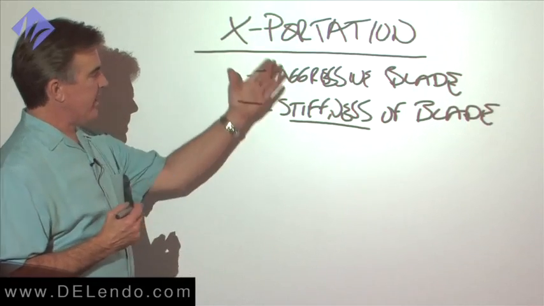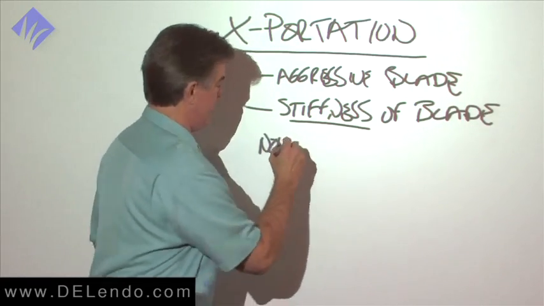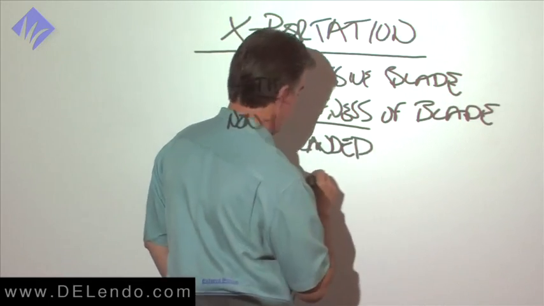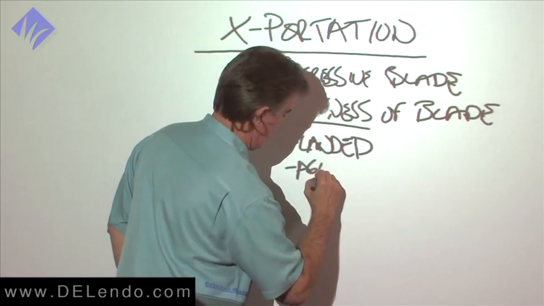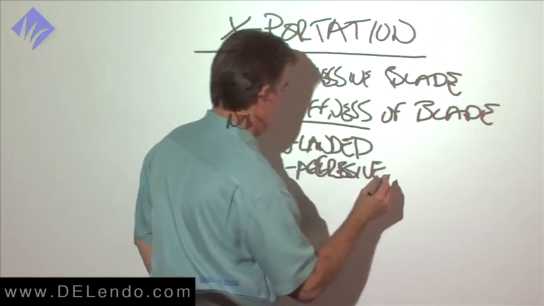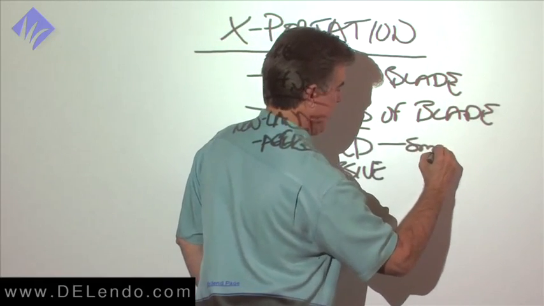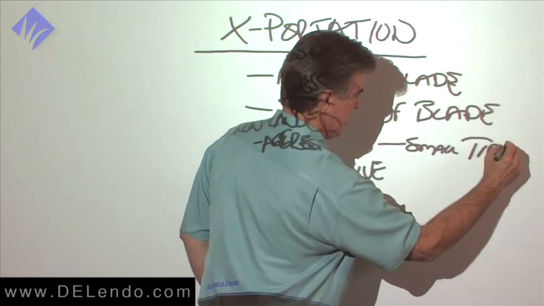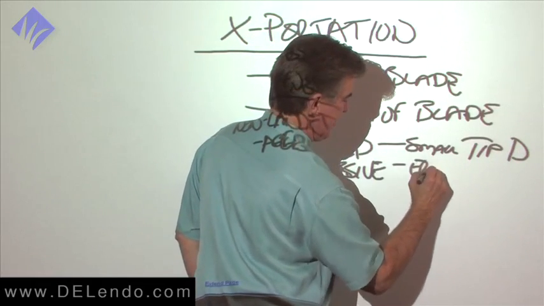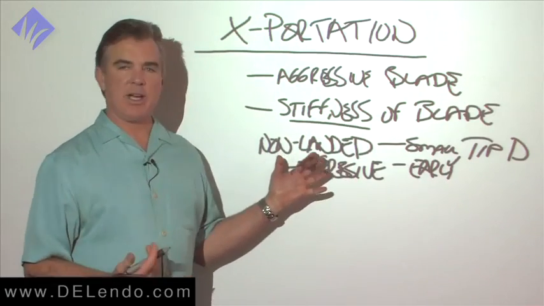So what this tells us is the non-landed blades, and this is huge, the non-landed blades, they're aggressive. The non-landed blades, we're going to use a small tip diameter and early in the procedure. Okay. We're going to do our initial cut with these.